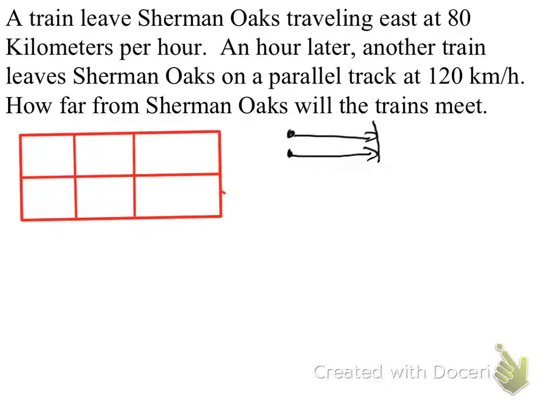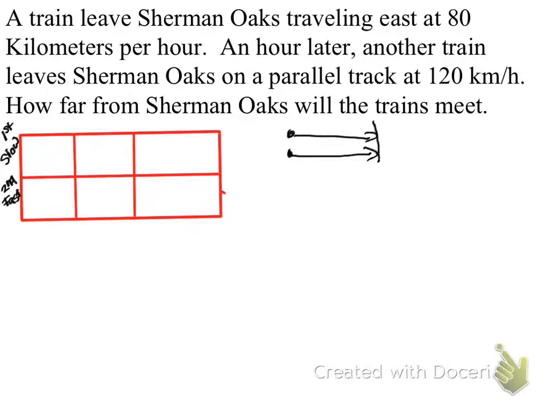Right? So how are we going to differentiate them? Let's call it the first and the second, or the slow and the fast. Slow, and this is first. And this is fast, and this is the second train. And how am I labeling?